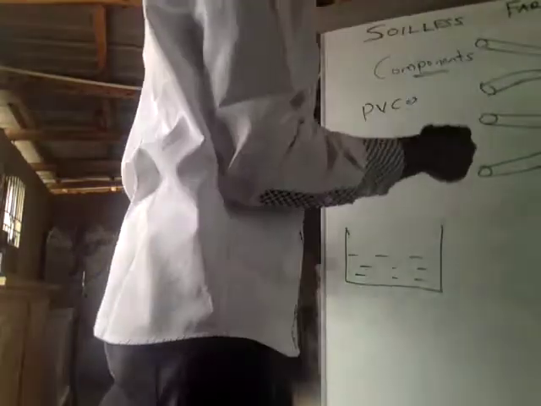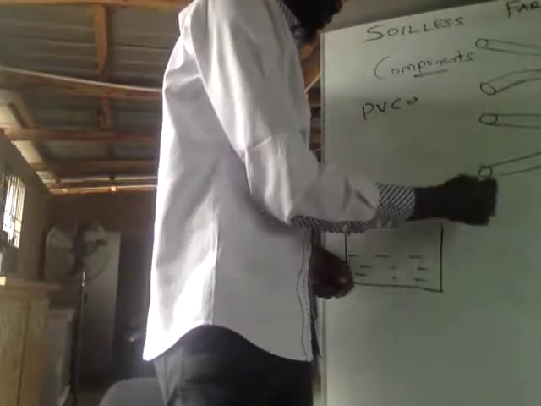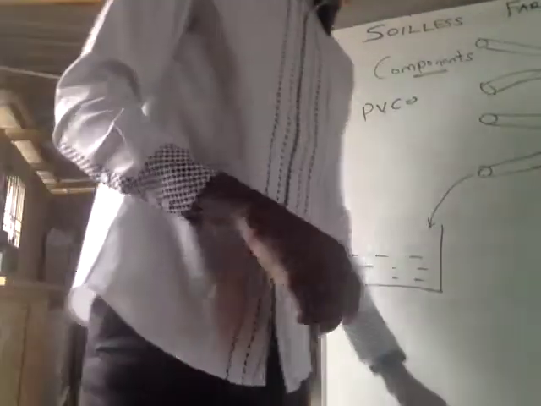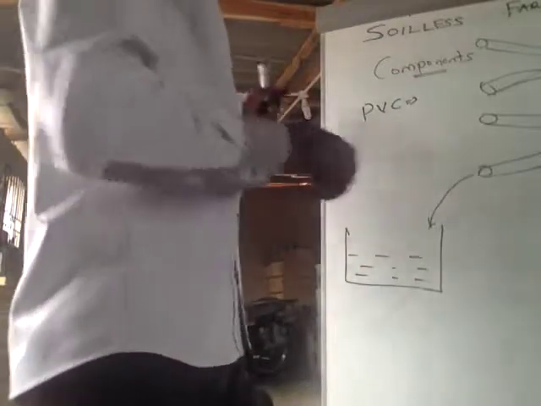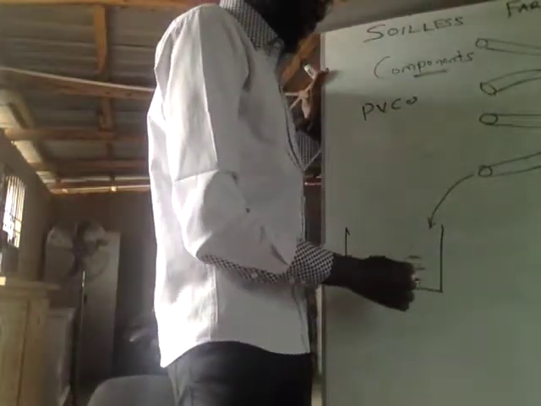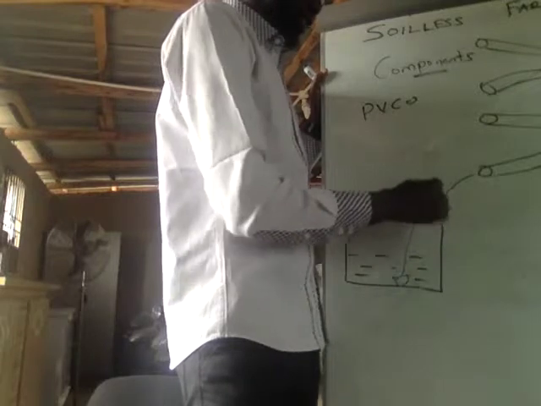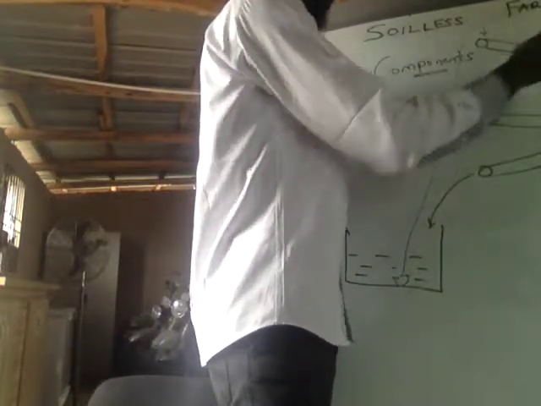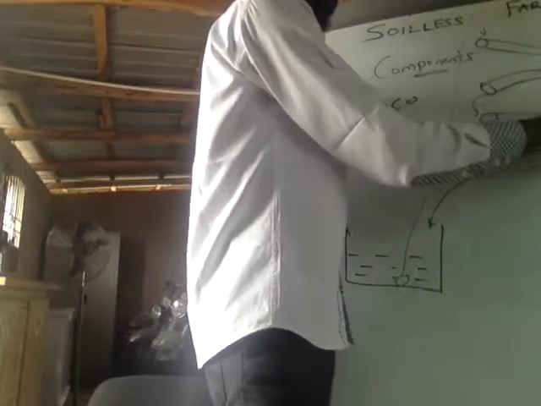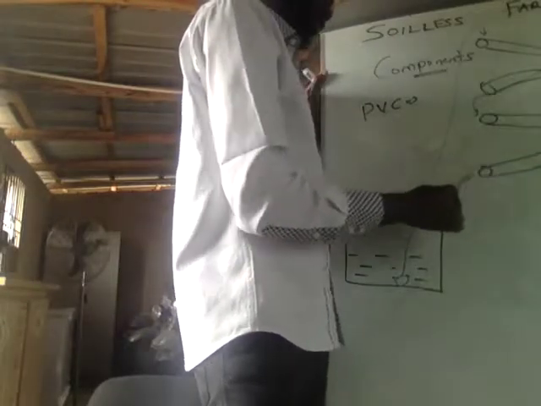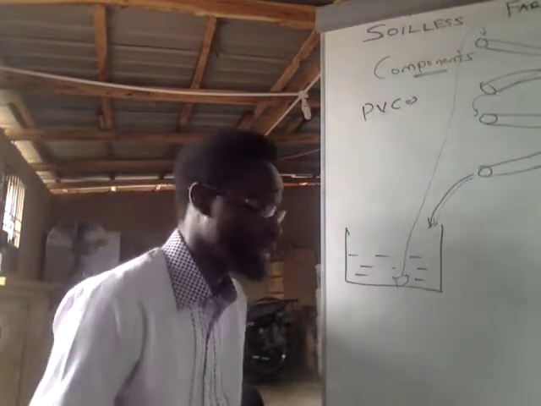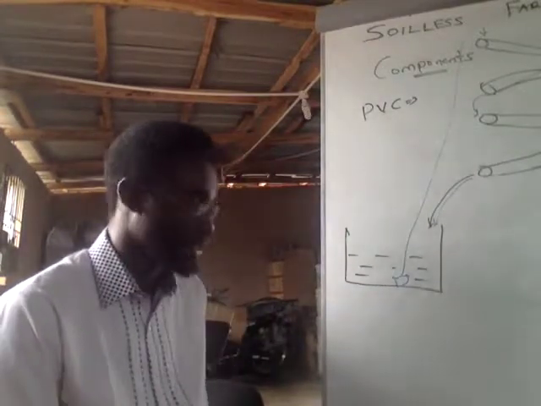Okay, so let's assume this is what we have. For the sake of clarity, here you are going to have your pumping machine that pumps the water to the topmost layer, and the water comes like that and returns back. So this is just an example, a schematic diagram.